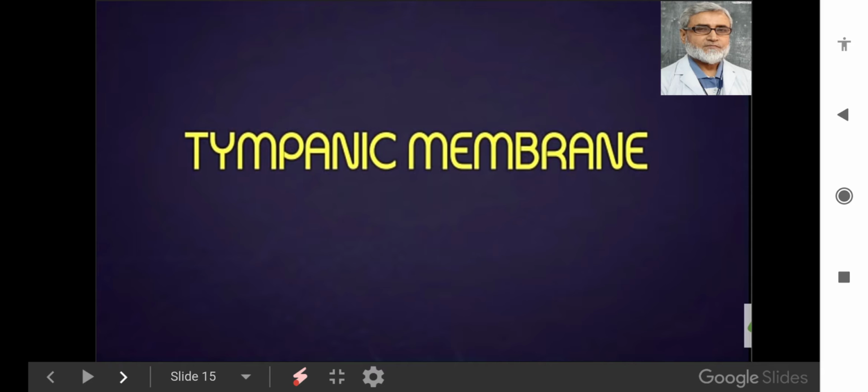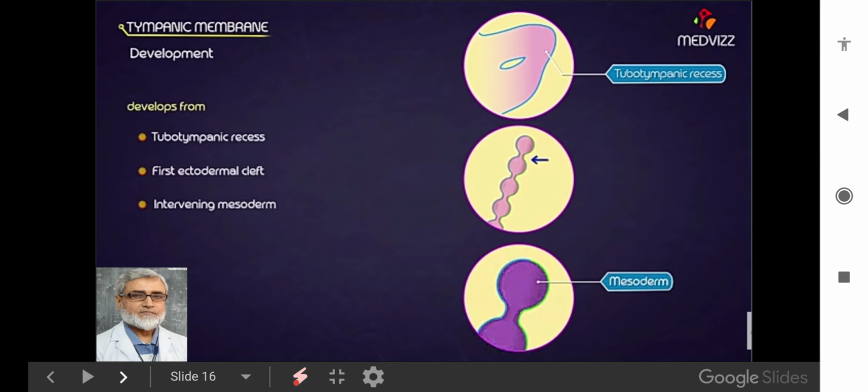Now regarding the tympanic membrane, its development is very important. It develops from the tubotympanic recess and first ectodermal cleft and intervening mesoderm. You remember three things: the tubotympanic recess, and the union of the first part of the second pharyngeal pouch.